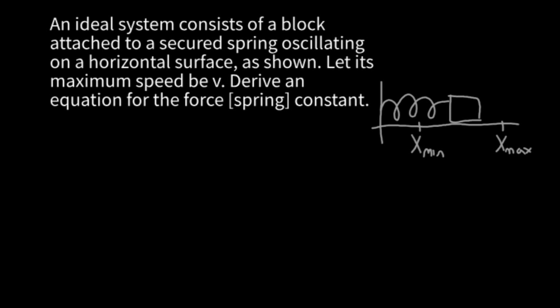So as I told you in the last video, a little hint is that our maximum kinetic energy is going to equal our maximum elastic potential energy, and that is because we know that KE plus UE are the only two types of energy we have, so they're always going to add to the same constant at all points.